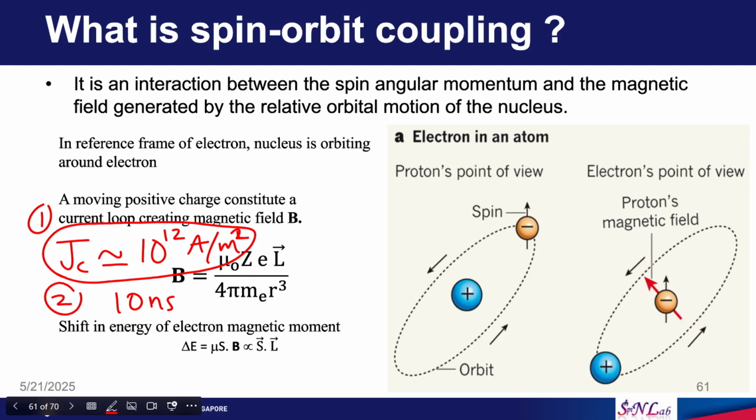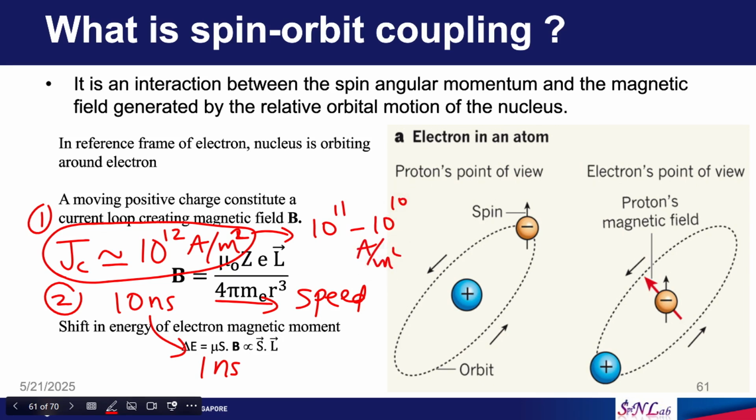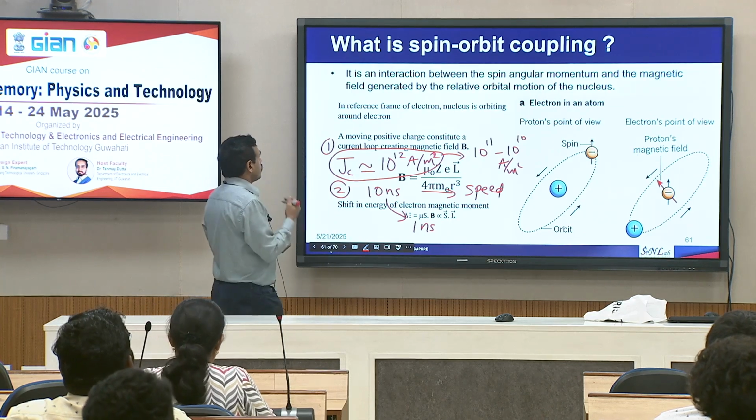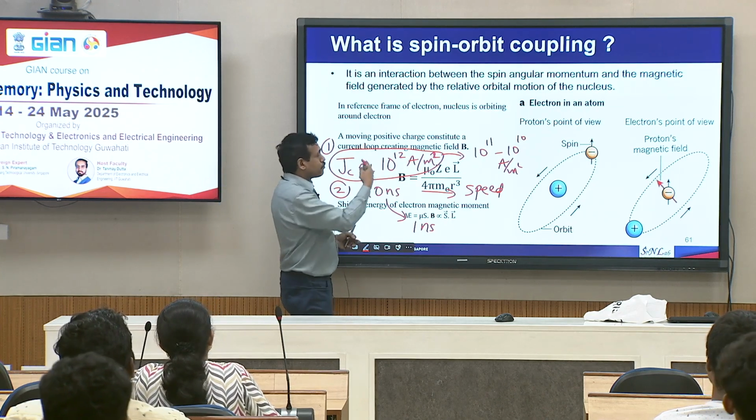So, people are thinking of how you can increase the speed, whether you can go from 10 nanoseconds to 1 nanosecond kind of time scale, and whether you can reduce this current density from 10 power 12 to say 10 power 11 or 10 power 10 ampere per square meter. So, these are the questions the researchers have. So, we want to make faster devices, we want to make devices that consume less power.